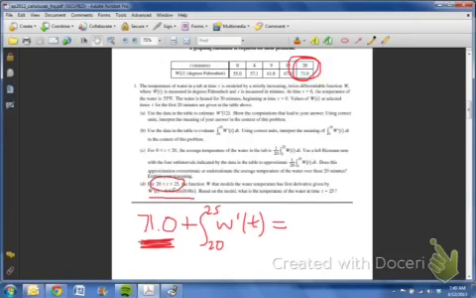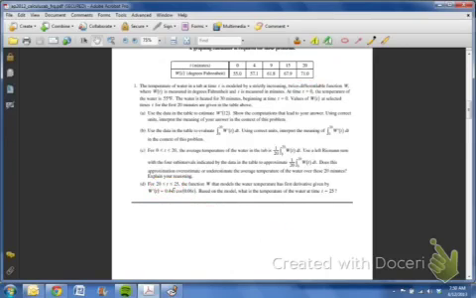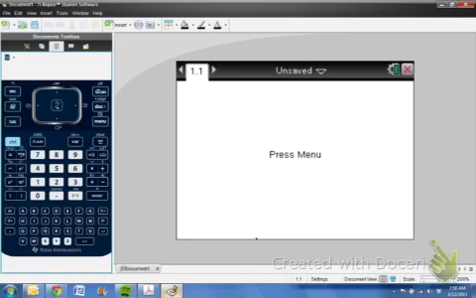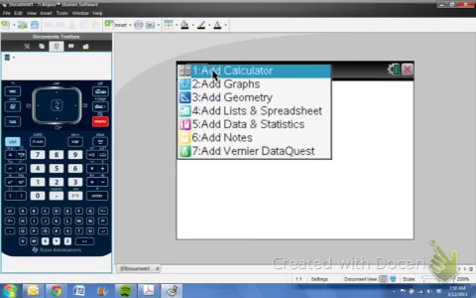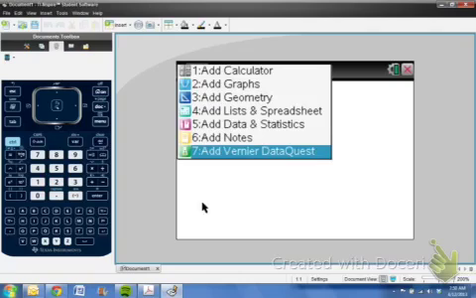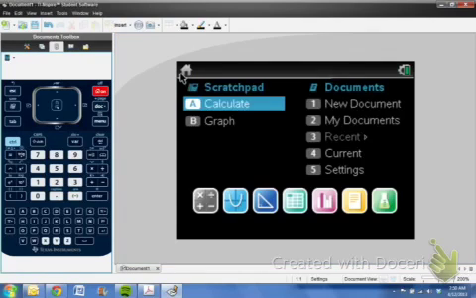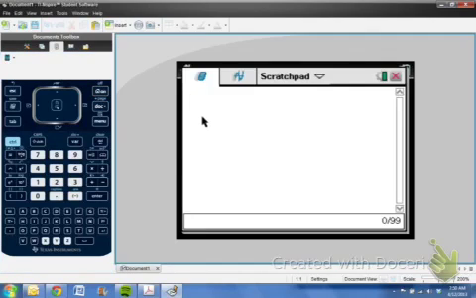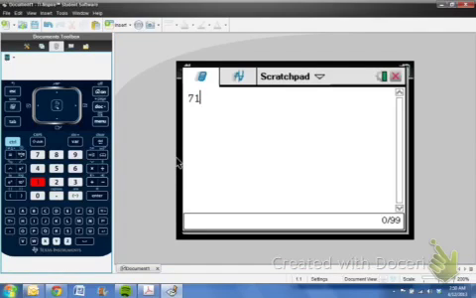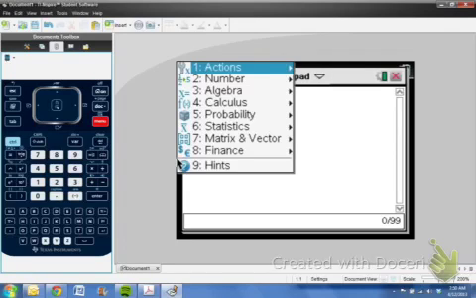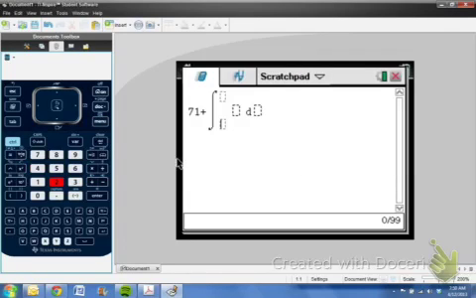What we will do is go to our calculator. Actually, no. I'm going to go home and just do the scratch pad. Okay, so what I'm going to do is I'm going to do 71, because that's my starting temperature, plus menu, calculus, numerical integral.